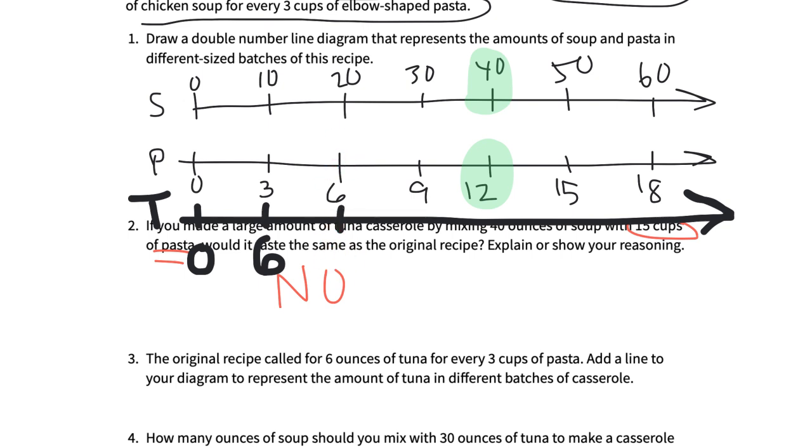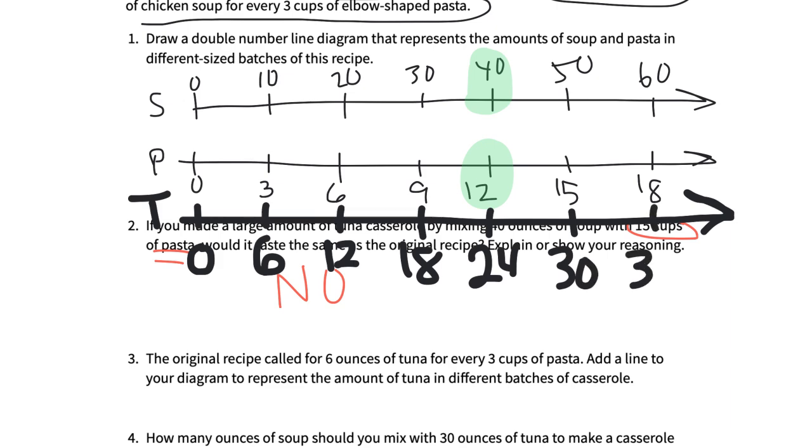I'm going to need 12. So the tuna is going to go up by 6s each time. And there we go. That is the tuna row.